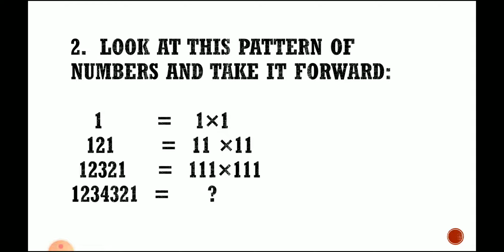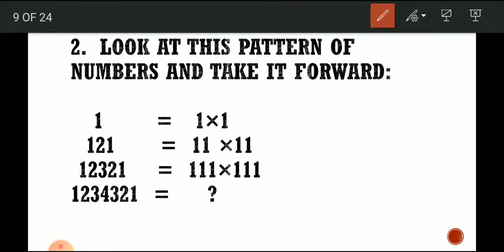See, the first one is 1, and here we take 1 into 1, that is, 1 one is 1. Then 121: if we multiply 11 into 11, we will get 121.